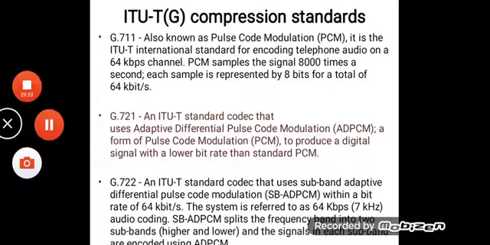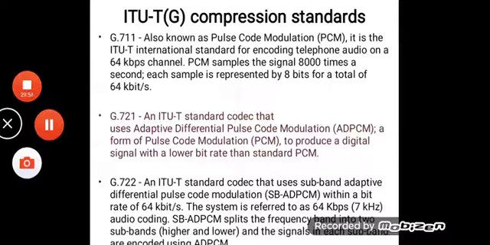So with ADPCM, used in G.721, we get good compression levels. And the third one, the final one here, is G.722, which again uses subband adaptive differential pulse code modulation, which ensures that whatever audio signal we get, we divide that entire audio signal based on its total content of frequency.